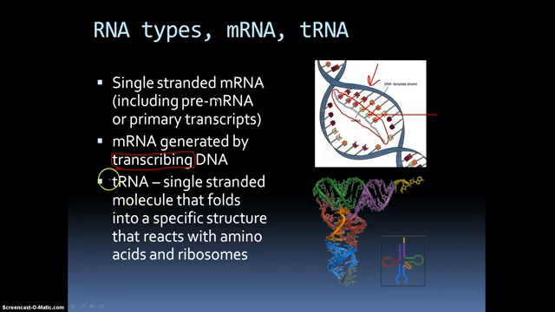Next up is tRNA, or transfer RNA. Now, tRNA is a single-stranded molecule, just like messenger RNA, but this structure right here is tRNA. Now, it looks like it's a mess. But if you look at this diagram down at the bottom, which is sort of how we like to describe it, what you've got is one strand that starts here and ends here.